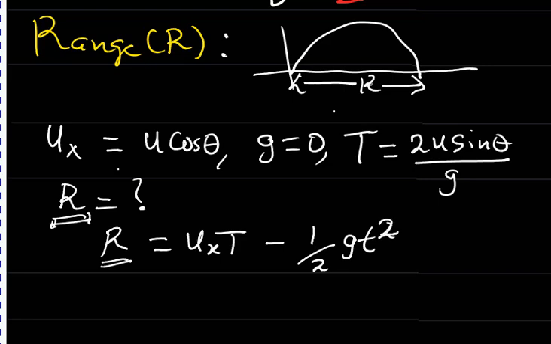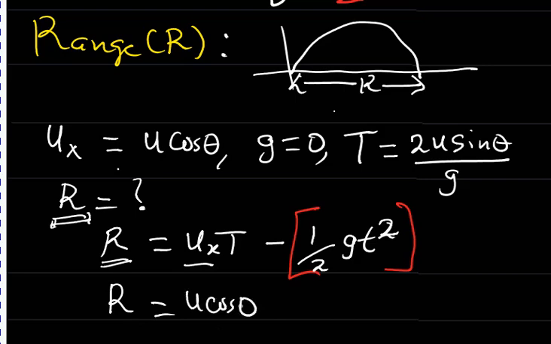Now, the whole of this term is equal to 0. Why? Because g is already equal to 0. So 0 multiplied by everything here is 0. So we're only left with the range being equal to u of x, which is u cos theta, multiplied by t, which here is 2u sine theta all over g.